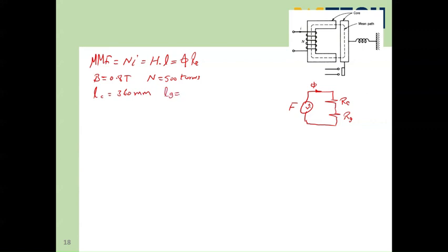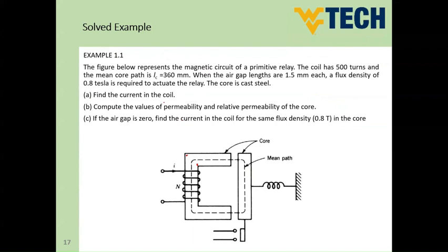He mentioned a 1.5 distance, which means a 3 millimeter air gap distance in this case. Let's see if anything else is given here. No more data are given here.